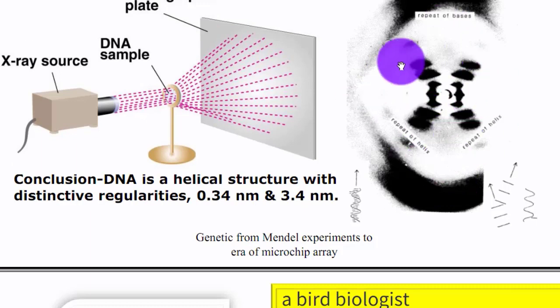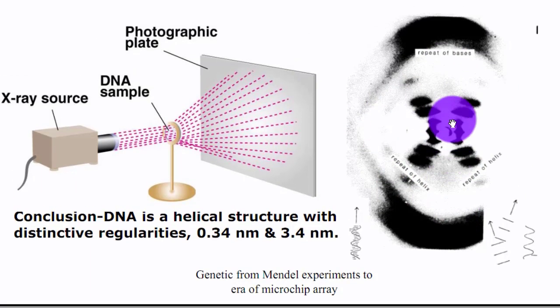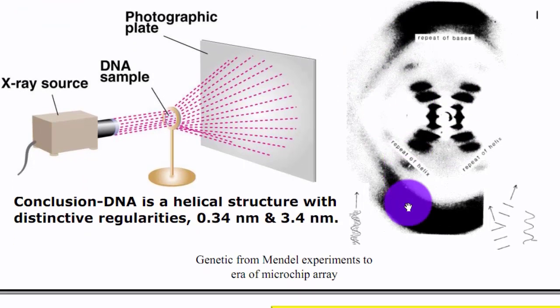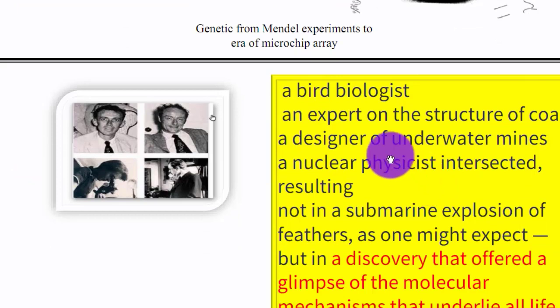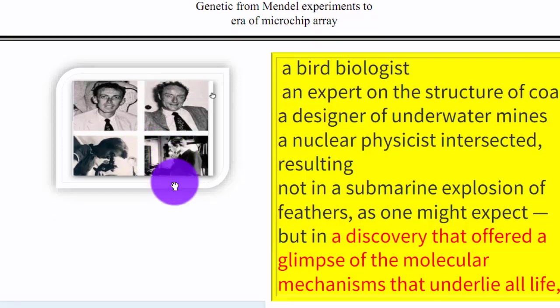Here is the picture taken by X-ray crystallography by Rosalind Franklin. The story involved a bird biologist, an expert on the structure of charcoal, a designer of underwater mines, and a nuclear physicist. Those are the heroes of the story.